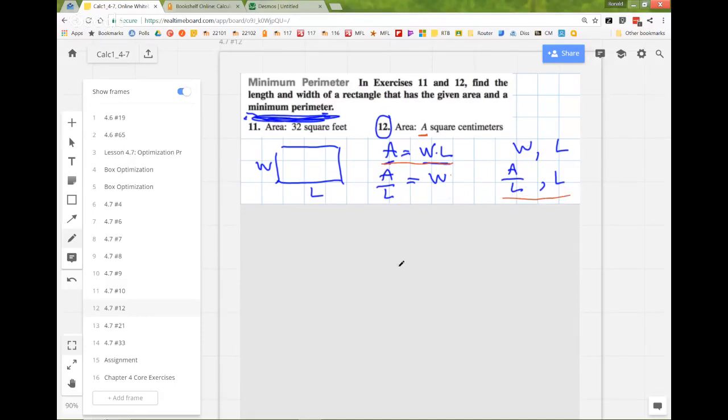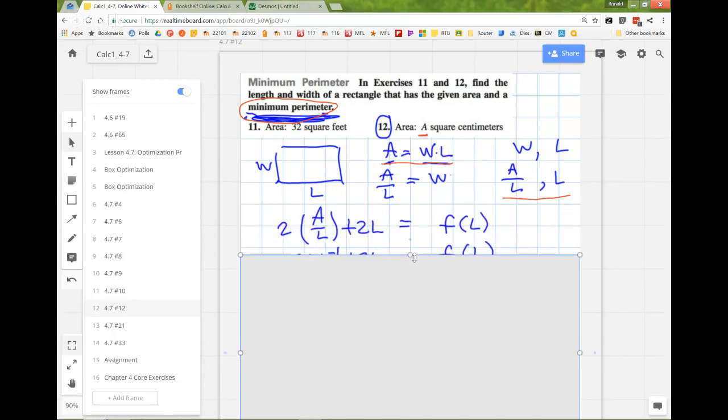Okay. Now, make this into a perimeter problem, because that's what this says. All right. How do you find perimeter? Two lengths plus two widths. Yeah. So here I am. Two widths, 2 times A over L, plus 2 lengths.